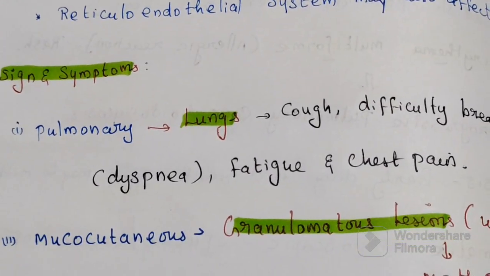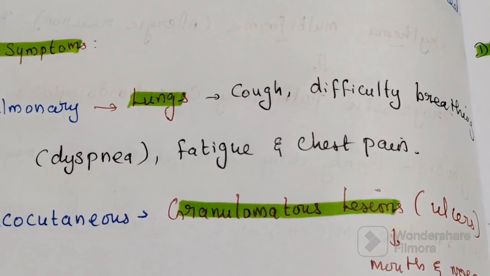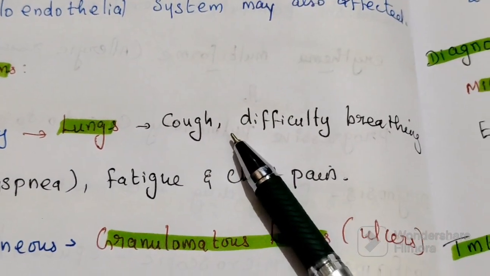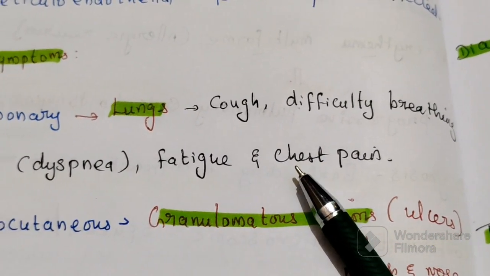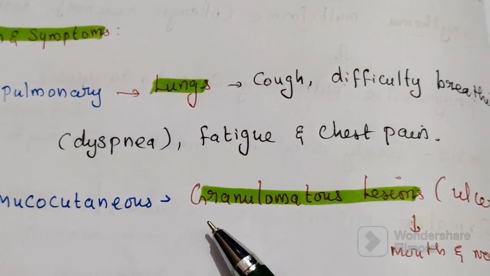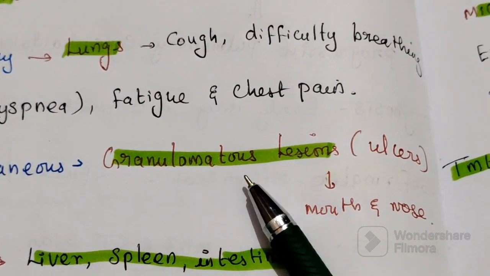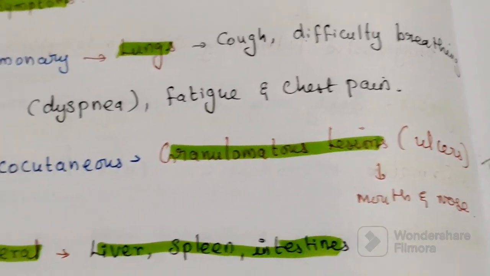Then signs and symptoms vary. When mainly the lungs are affected, it causes cough, difficulty breathing, fatigue, and chest pain. If the fungus affects the mucocutaneous layer, it causes granulomatous lesions, that is ulcers, mainly in the mouth and nose.